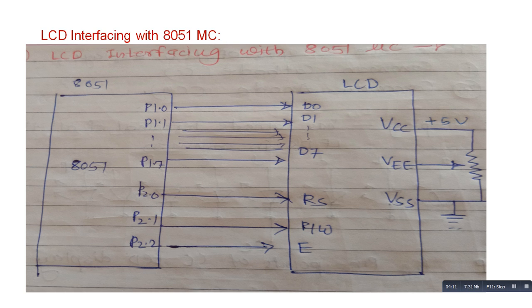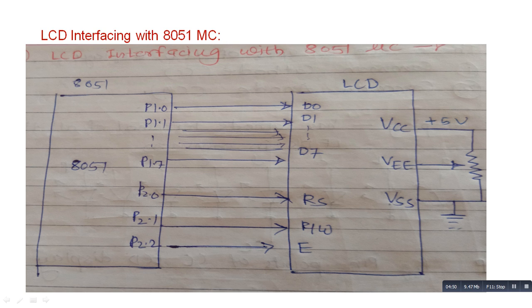Next interfacing device is LCD, interfaced with 8051. As you can observe in this diagram, the VCC pin of the LCD is connected to plus 5 volt and the VSS pin is grounded. One more pin is VEE, which controls the contrast of the LCD, and all data pins of the LCD, that is D0 to D7, are connected to port 1 of the 8051 microcontroller, and port 2 of the microcontroller is connected to the RS pin.